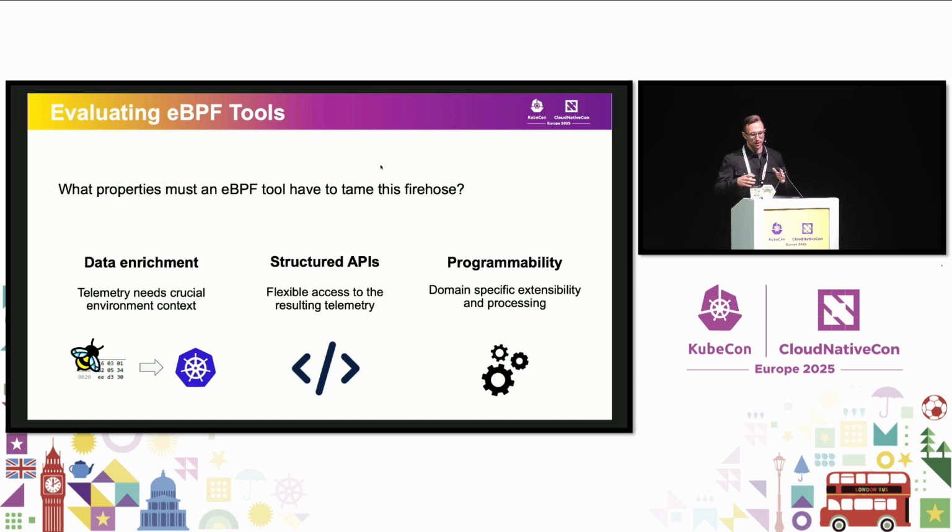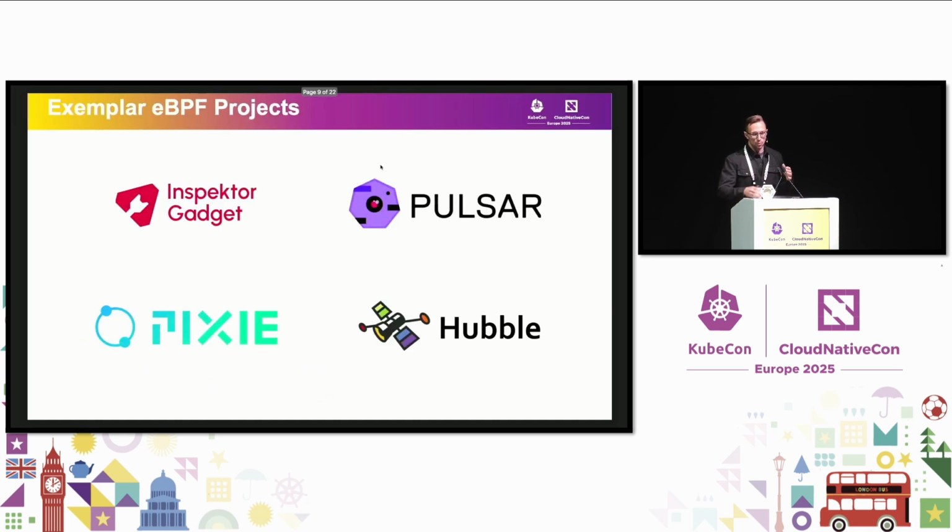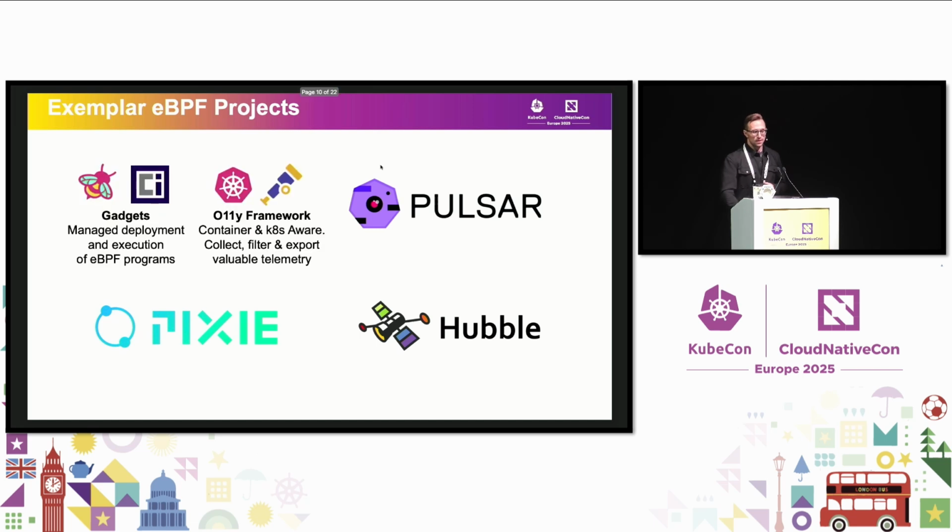So we're going to basically walk through 4 different projects and view them in light of those 3 properties that we talked about. The first is Inspektor Gadget. Inspektor Gadget is an observability tool that packages eBPF programs into concrete chunks called gadgets.